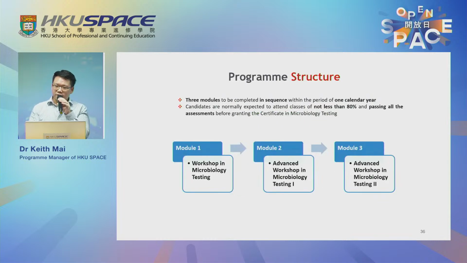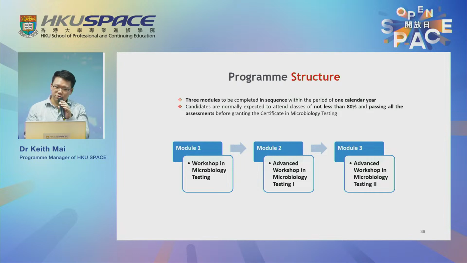The program is to be taken over 1 calendar year, and it is split into 3 modules. First we have module 1, which is introduction to microbiology testing. It's for people that may not have much of a background in laboratory work, and also gives some basic concepts with microbiology testing.